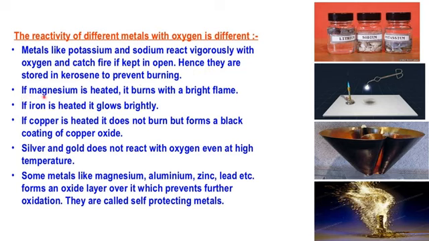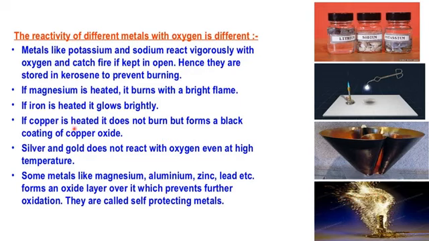Now let's see magnesium. When heated, it burns with a bright flame, as you can see in this picture, right? And coming to iron, when you heat an iron rod, it glows brightly. But what happens when you heat iron filings? If you heat iron filings, you can see in this picture, they burn with a bright flame, right?